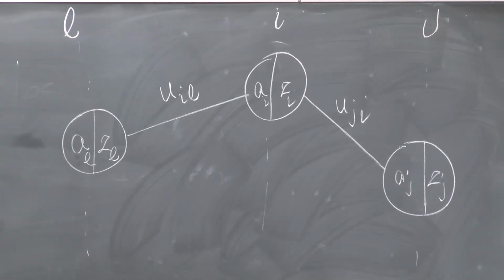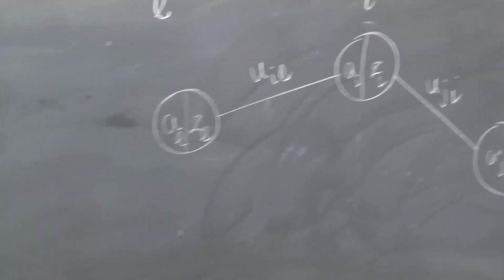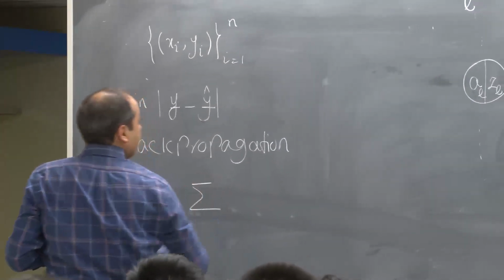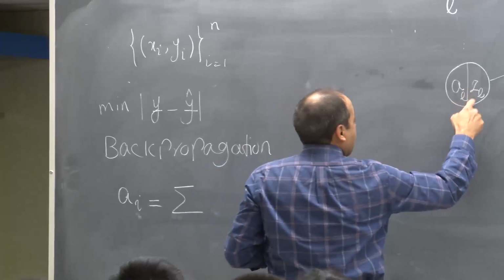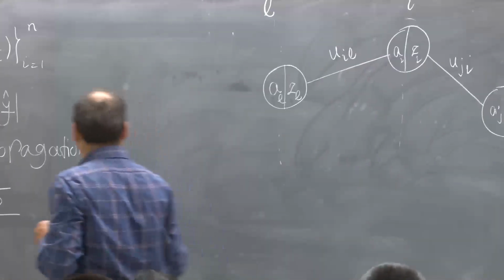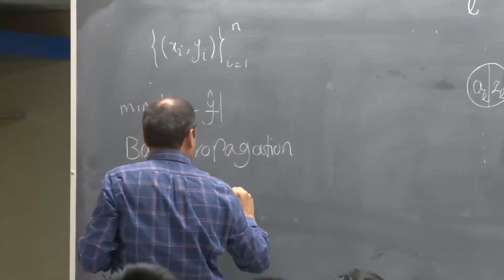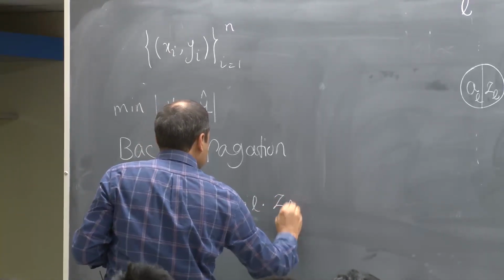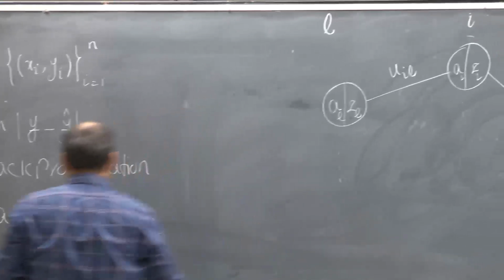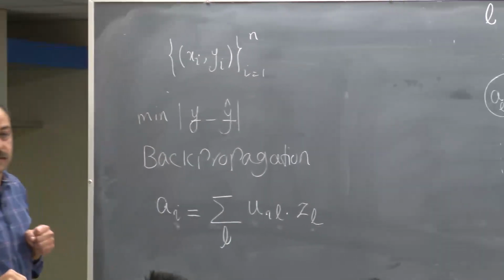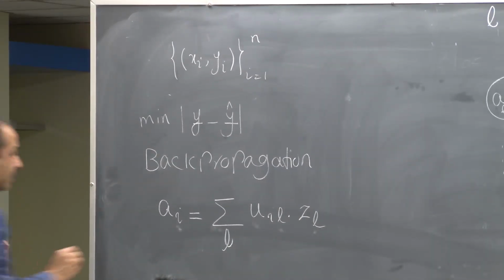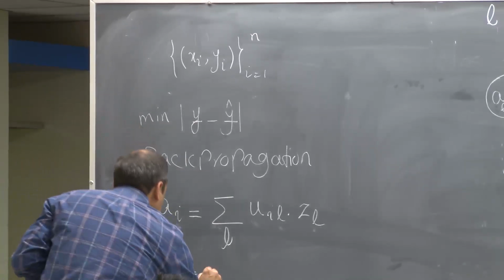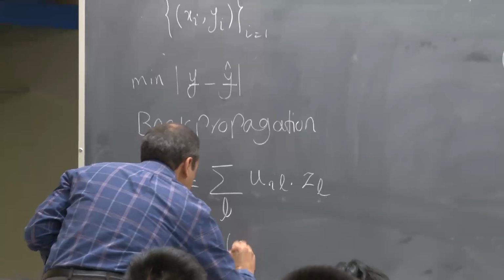And basically, A_I, for example, is just the summation of all of these outputs times the weights. So it is U_IL times Z_L over all of these nodes. And Z_I is when a nonlinear function is applied to A_I.